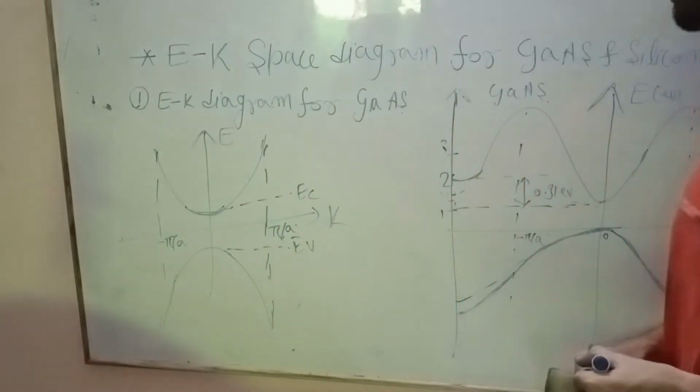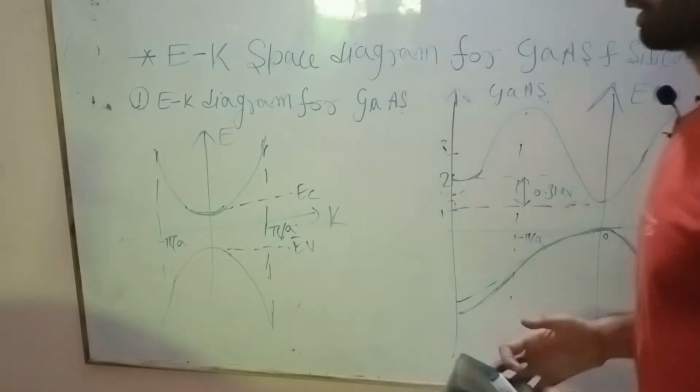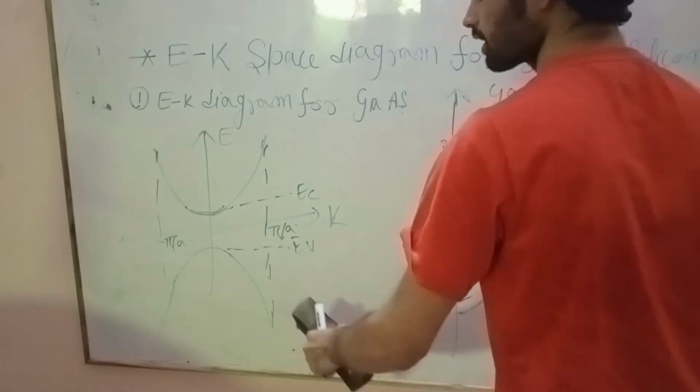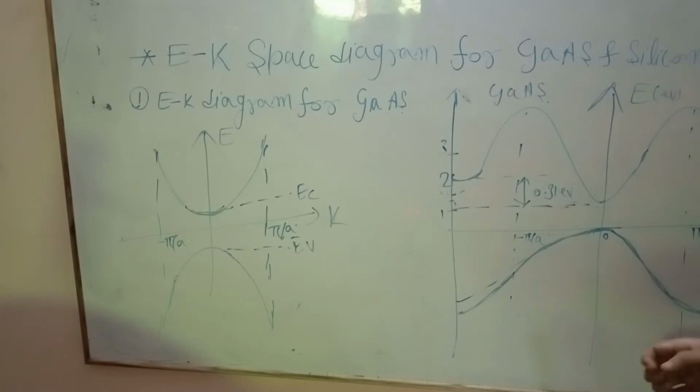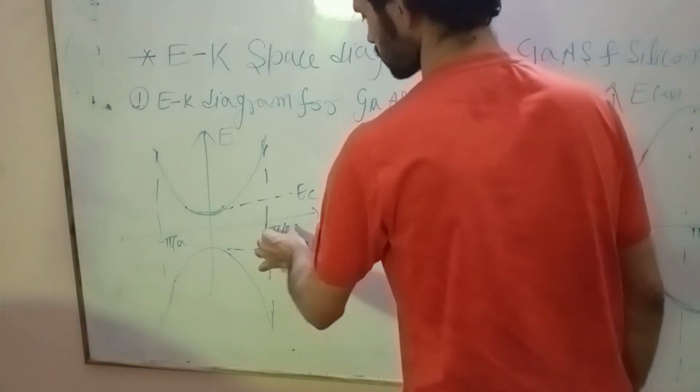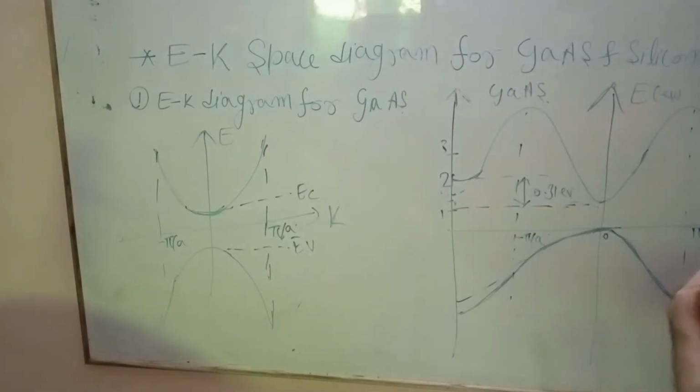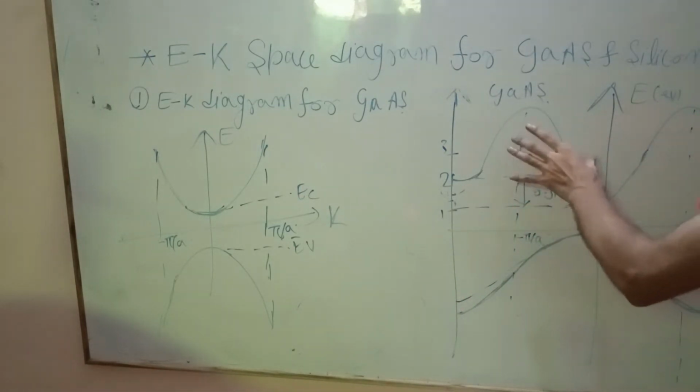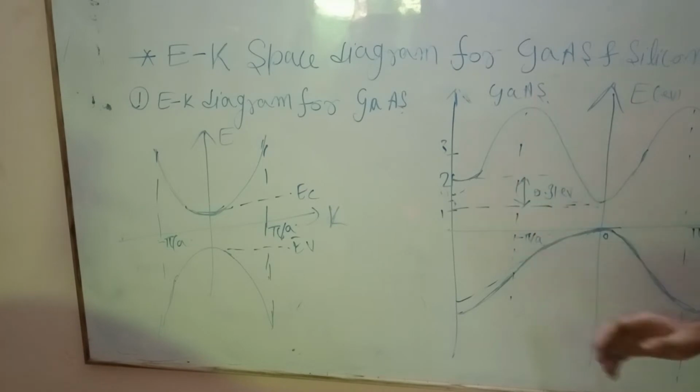This is minus pi by A to plus pi by A. Here A is nothing but the interatomic distance. This is the actual E-K space diagram for gallium arsenide.